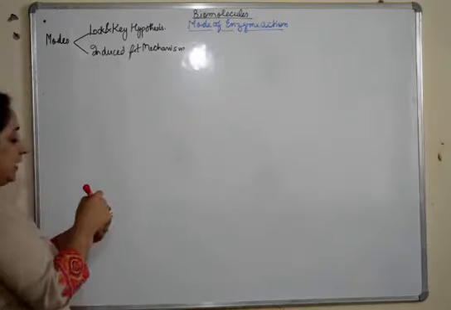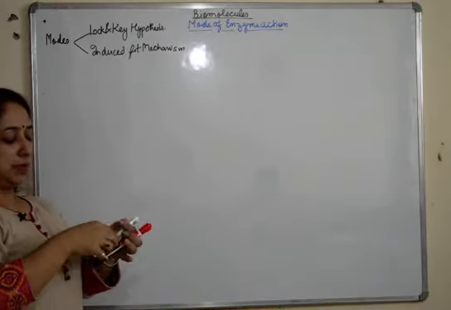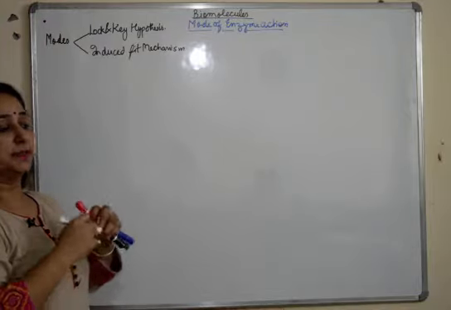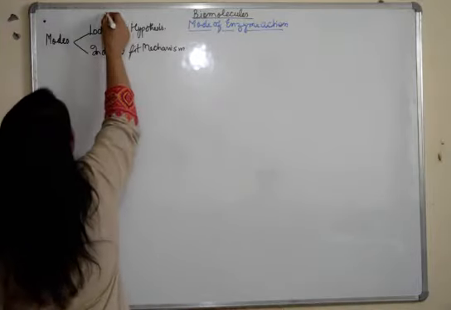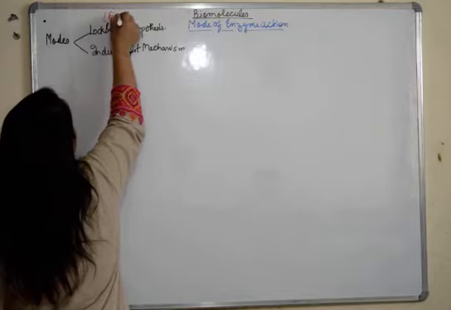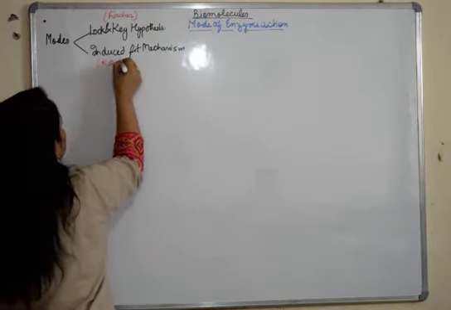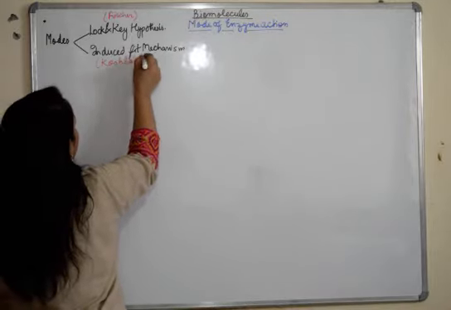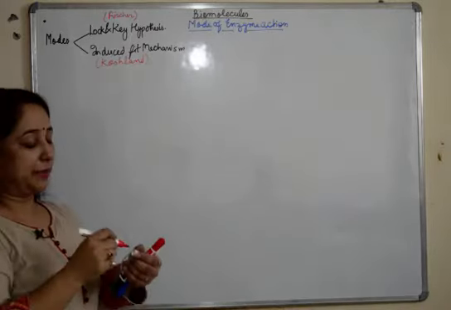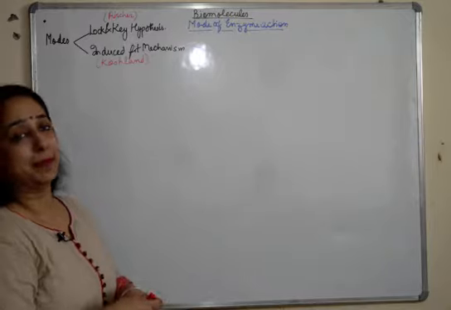Now, lock and key hypothesis or mechanism and induced fit hypothesis. Lock and key was given by Fischer and induced fit was given by Koshland. Fine, they were the ones to give these mechanisms. We'll talk about them one by one.